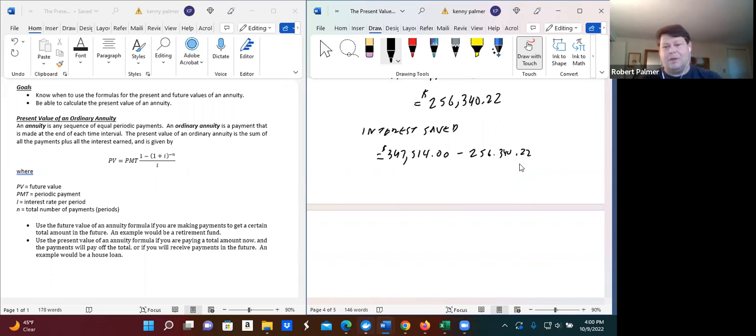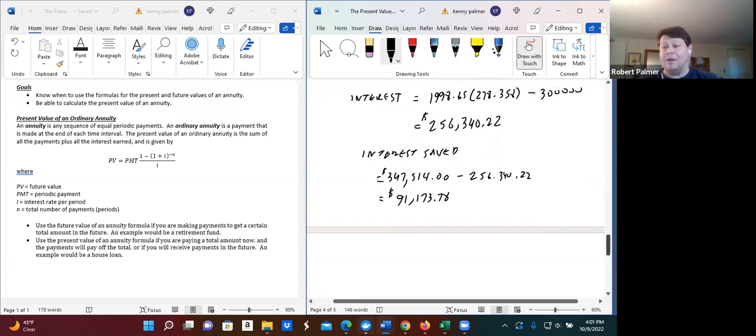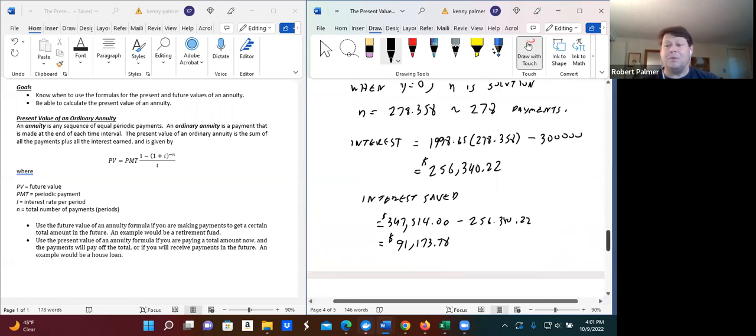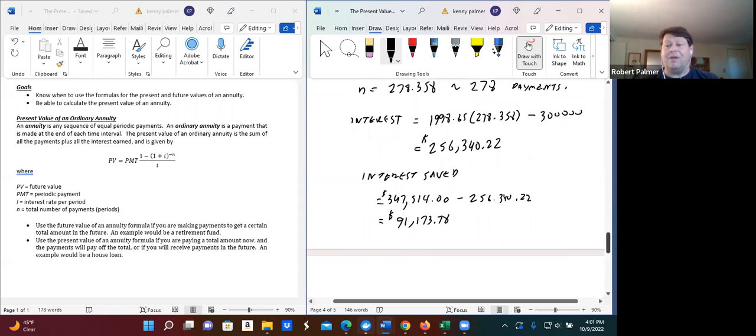And that comes out to be about $91,173.78. Okay, so that's how much interest you've saved by, in this case, just adding $200 a month from the very beginning. You've saved a little over $90,000.